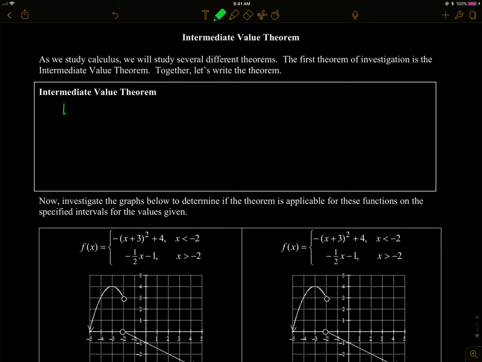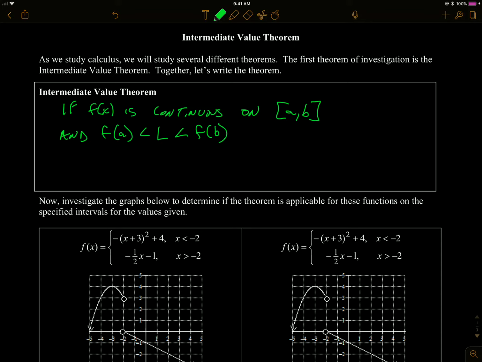means. So if f of x is continuous on the closed interval a to b, and f of a is less than some y value L, and f of b is larger than it, so L is in between those two.